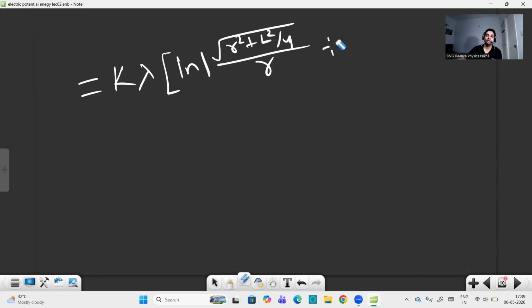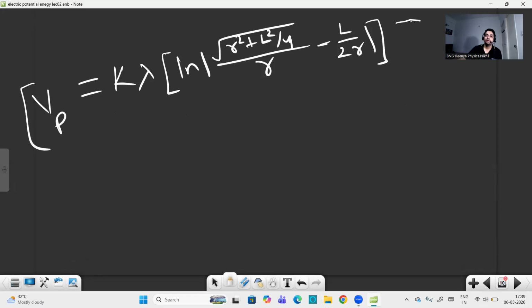So this is the final potential at point P due to the uniformly charged rod at the equatorial point. Understood?